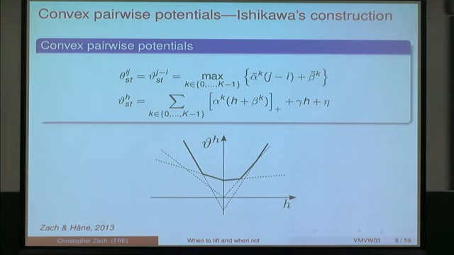Meaning if the argument is positive, you keep it, so it's linear on the positive range, but if the argument is negative, you clamp it to 0. You can decompose every piecewise linear convex function in that way.